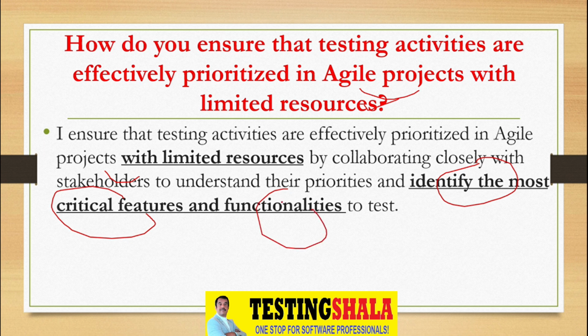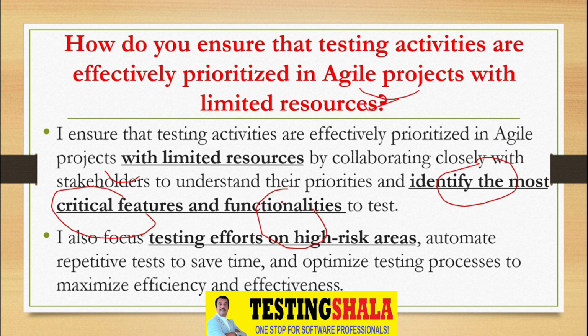We have to focus on the high-risk areas in the beginning, and keep automating those repetitive tests to save time and optimize the overall testing process to maximize efficiency as well as effectiveness.